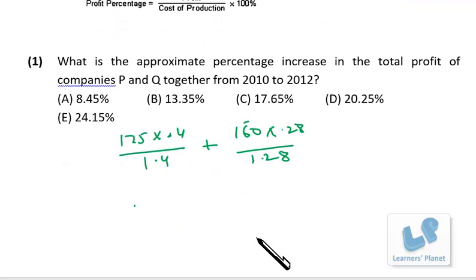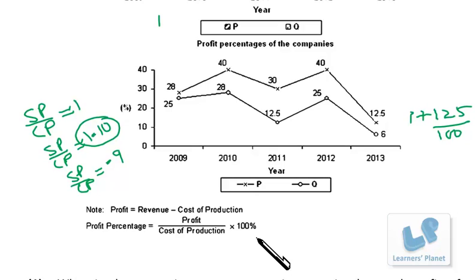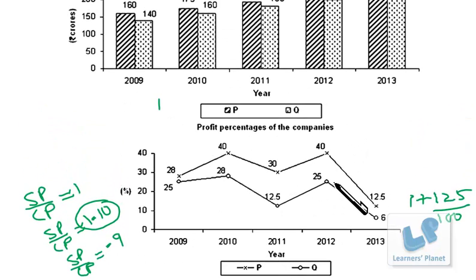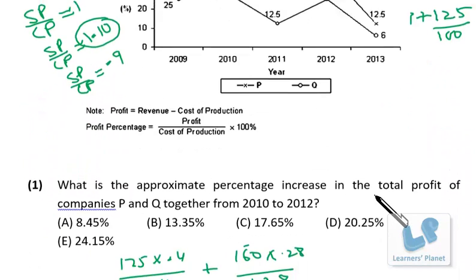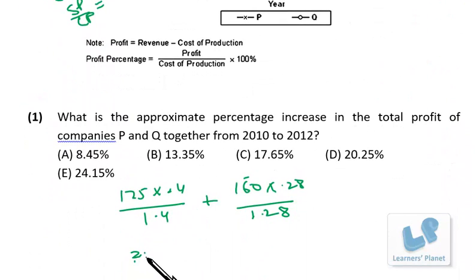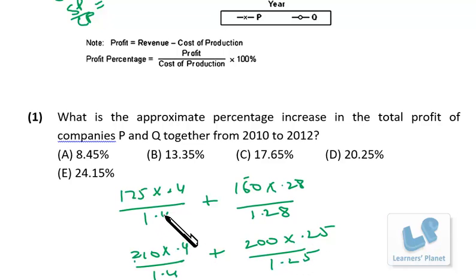Similarly, we can calculate for year 2012. So that is 210 at 40% and 225 at 25%. Okay, so just calculate, remove the decimals.